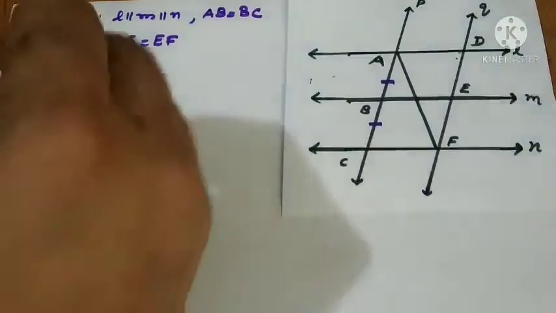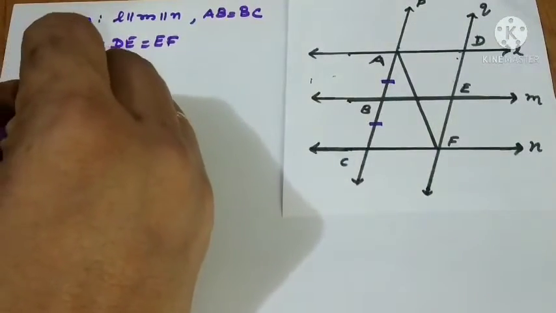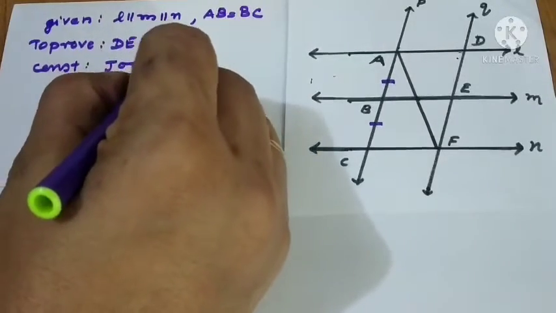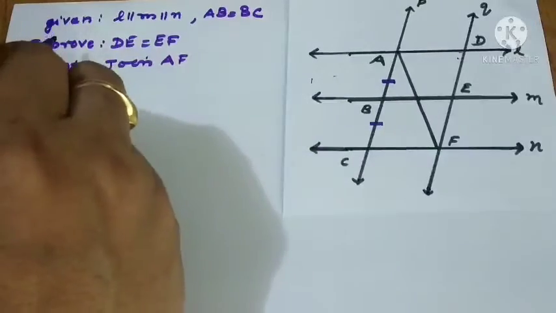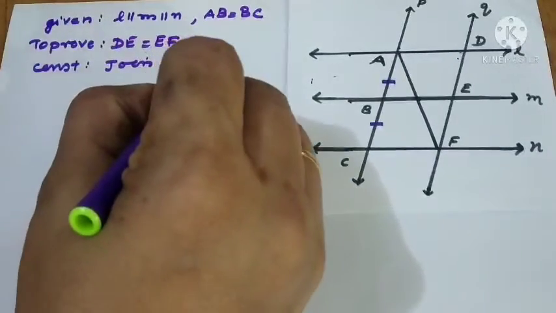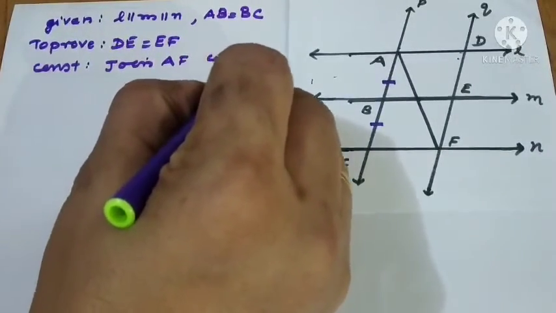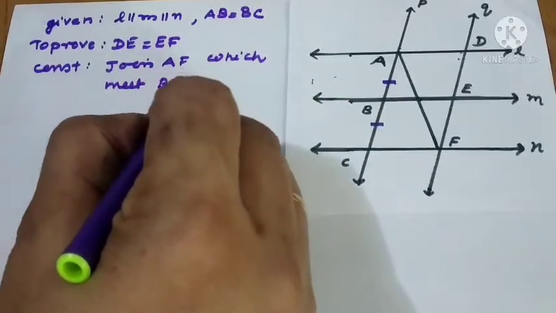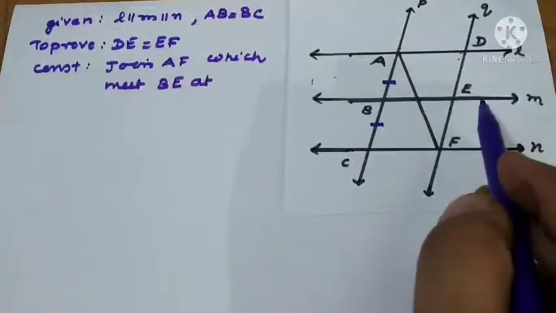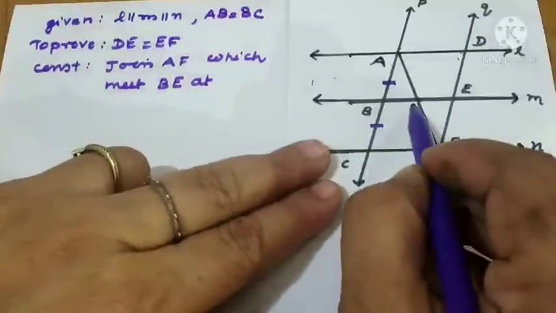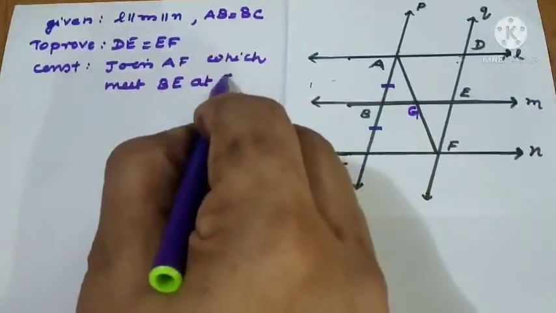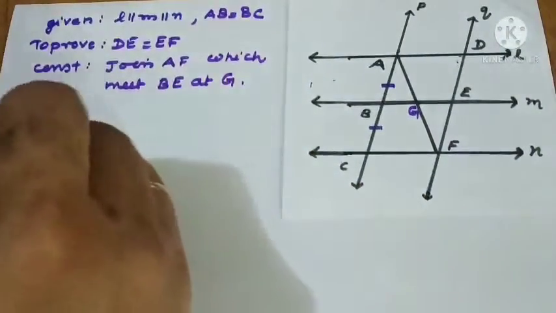Construction: join AF, which meets BE at, let us take it as G. Now proof.